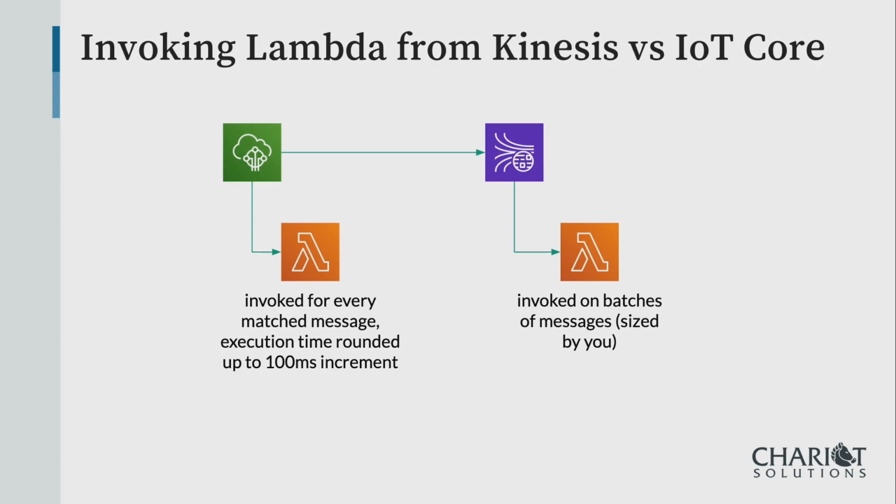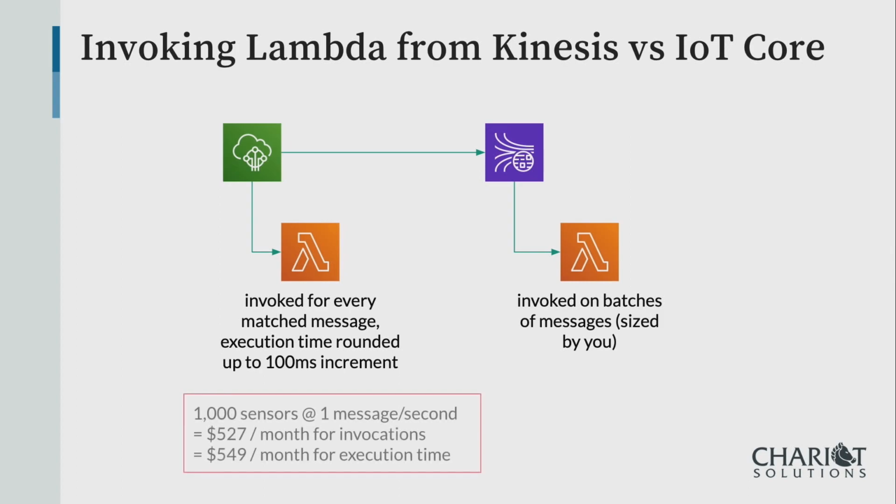Where things start getting expensive is when you start doing things like Lambda invocations. This is one of the reasons I like Kinesis: you can invoke Lambda directly off IoT Core. Every message comes in, invokes a Lambda. With Lambda, you pay for the number of invocations and the execution time rounded up to 100 millisecond increments.